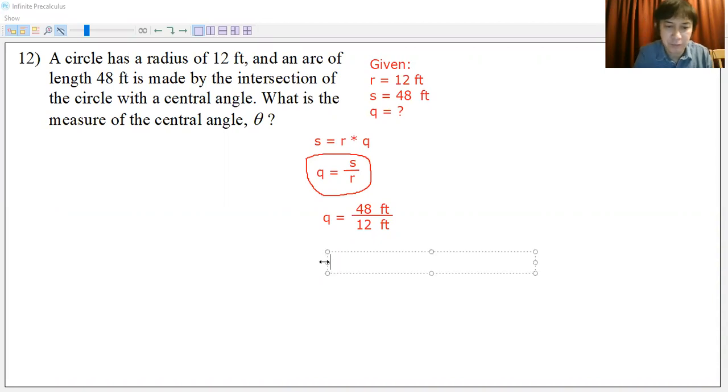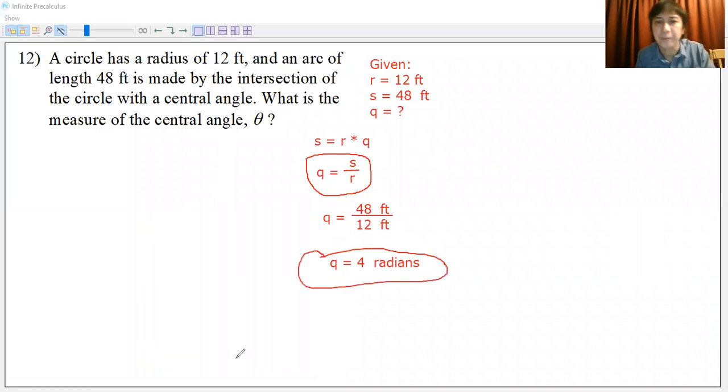So Q is equal to 4. Now the unit of the angle here will be radians. So it's 4 radians.